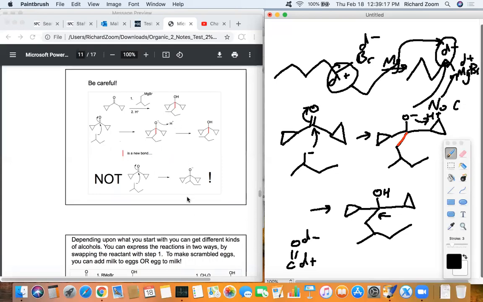Sometimes what happens is when people do this mechanism, they ignore the new bond. And what they'll do is they'll just basically fuse the C that had the negative charge and the C that had the C double bond O, which leads to a compound that has fewer carbons than what we started with. So that's not really the situation we're looking for. So that's just something to be careful of. Does anybody have any questions?